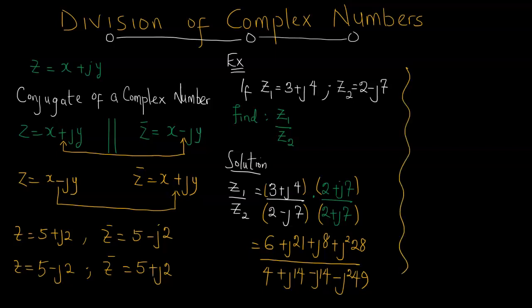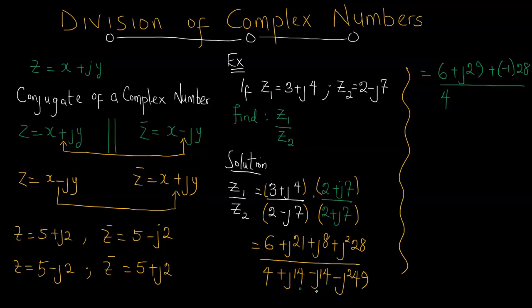So we have that z1 divided by z2 is equal to, now this is 6. These are like terms, j21, j8. If we add, this is going to give j29 plus j squared, which is a negative 1. So this is negative 1, then 28 divided by 4.